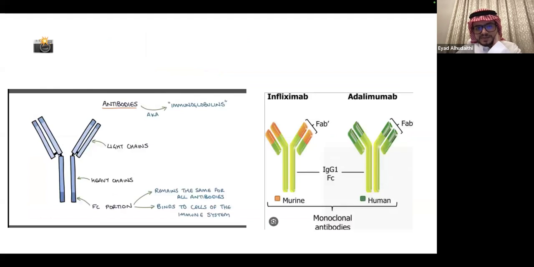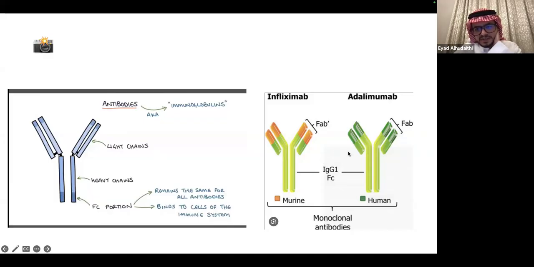So a little bit of background. This is how the anti-TNF looks like. This is the Fc portion, which binds to the receptor, and it has the heavy chain and the light chain. You can see here the difference between infliximab and adalimumab.